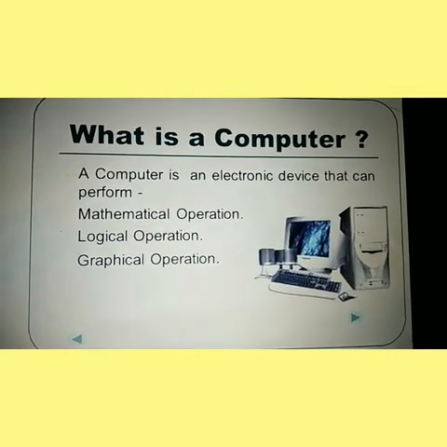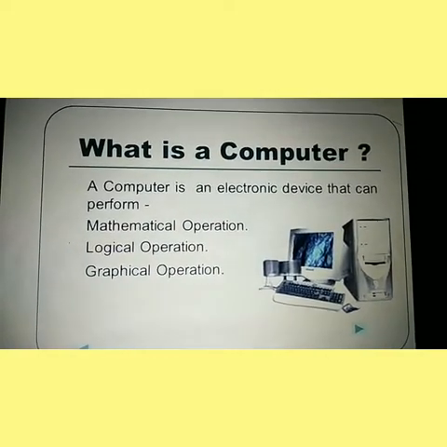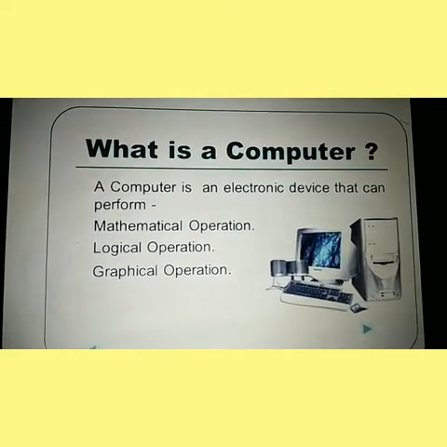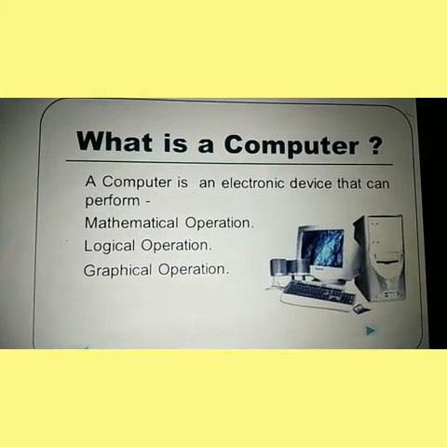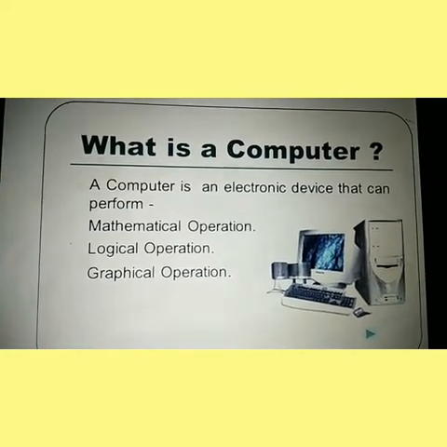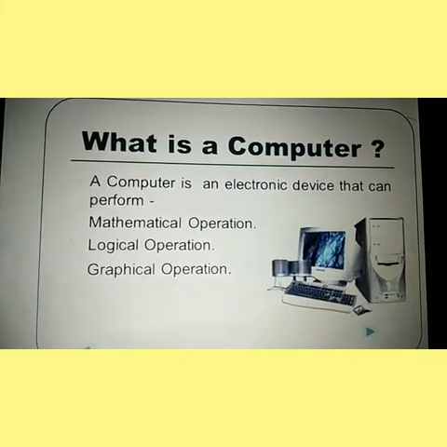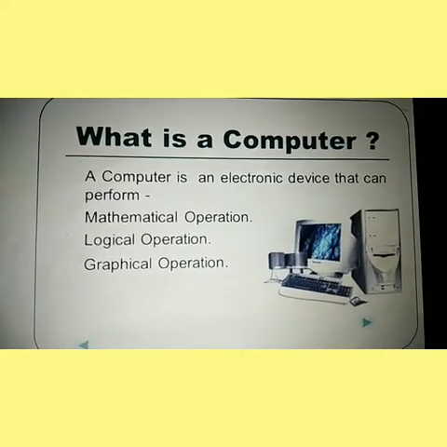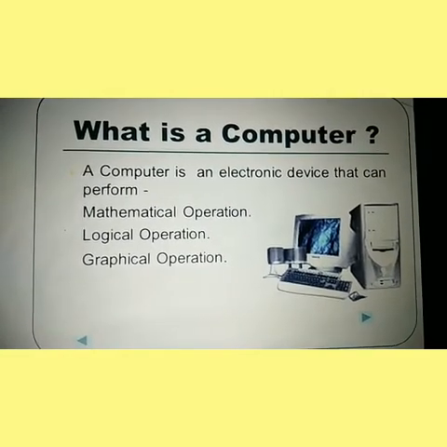In mathematical operations, we perform plus, minus, divide, multiply, etc. All our calculations are performed in mathematical operations. We can use logical operations where true and false conditions are followed, and graphical operations are performed in a graphical way, such as color, coding, etc. These are performed in a computer.